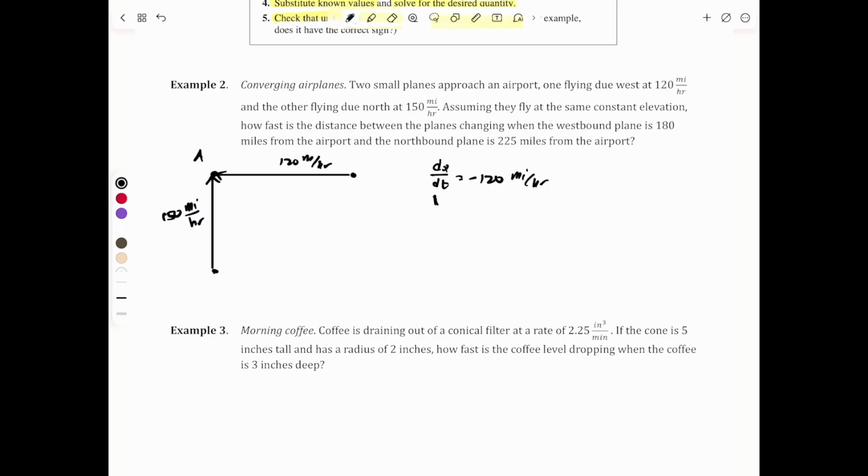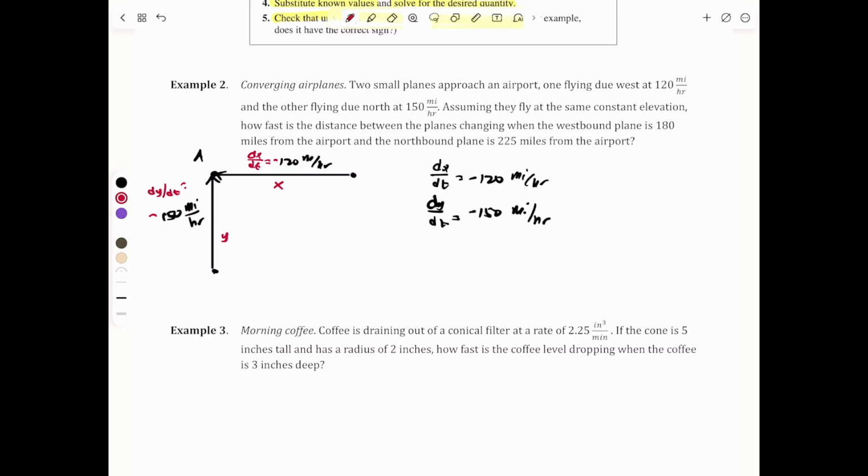So we know that dy/dt is negative 150 miles per hour. I kind of left out that I made the horizontal unit x and the vertical unit y. All right, so I'll put a different color. This is x and this is y. Therefore, that's dx/dt, negative 120. This is dy/dt, negative 150.